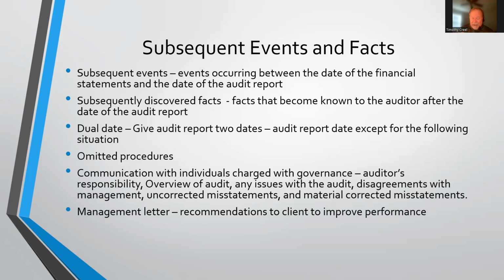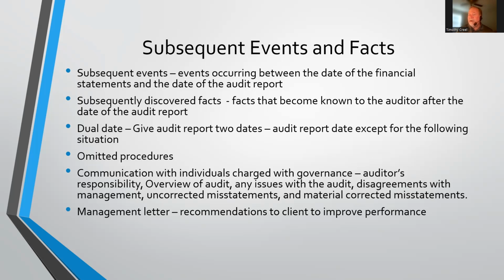If you do a dual date, you would say the audit report date, except for the following, and it would only hold you liable, or possibly any liability, for the event that you're changing or going back and updating beyond the date of the initial audit report. You're saying, okay, the audit report date is good for everything except for this situation.